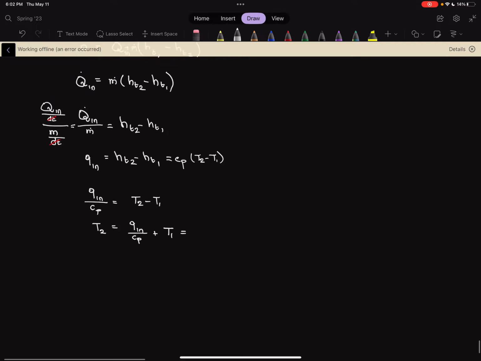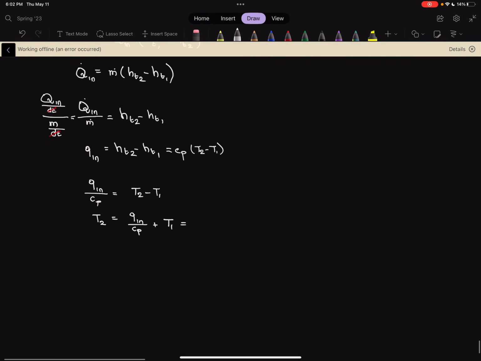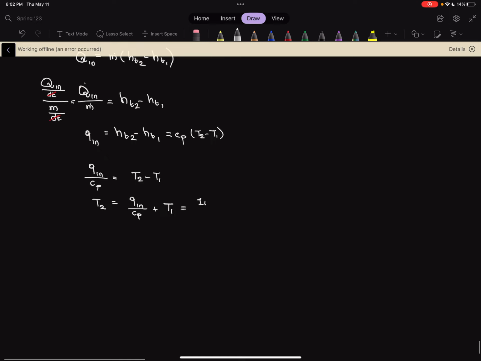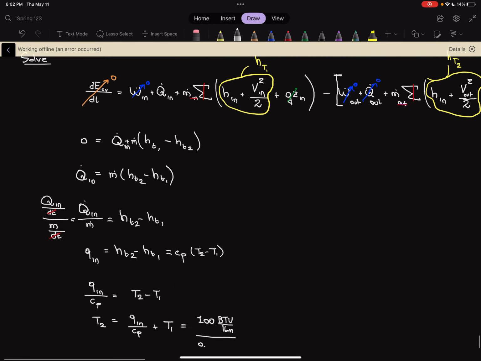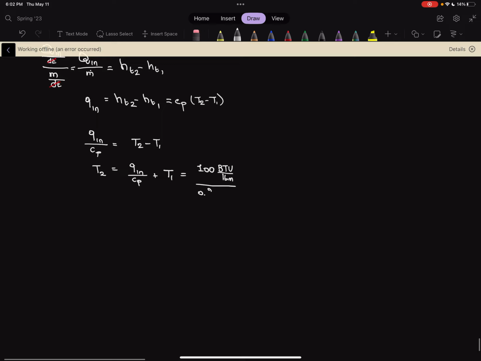Now Q in, they told me, is 100 BTU over pound mass. So this is going to be 100 BTU over pound mass, and I want to divide this by 0.24. And this one doesn't have any units.